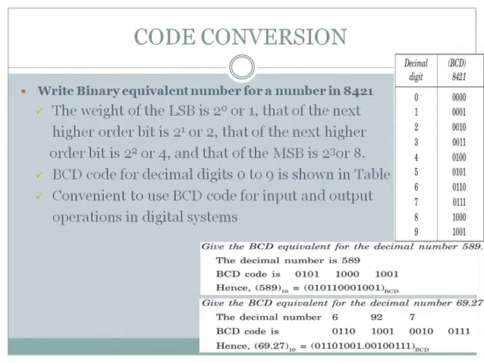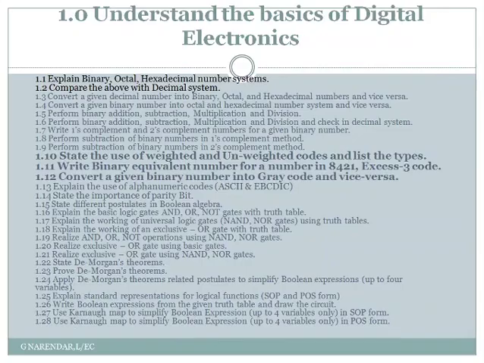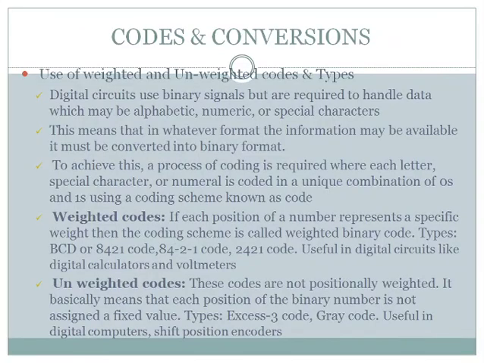By reviewing what we have seen so far, we have looked at the various classifications of the codes into weighted and unweighted codes. In weighted codes, each position of the number represents a specific weight, and that type of coding scheme is called weighted binary code.